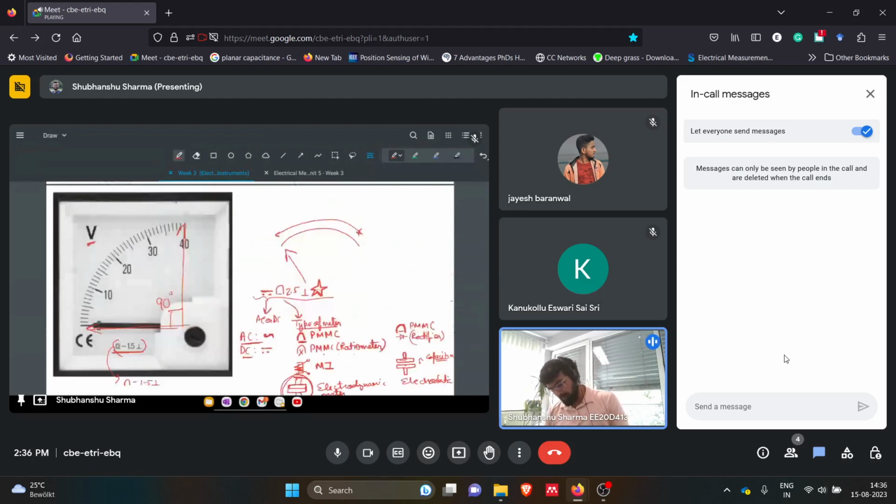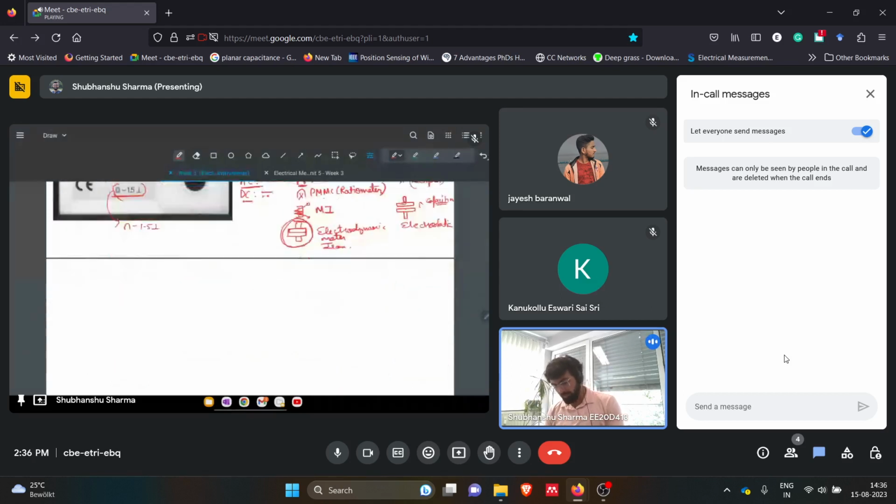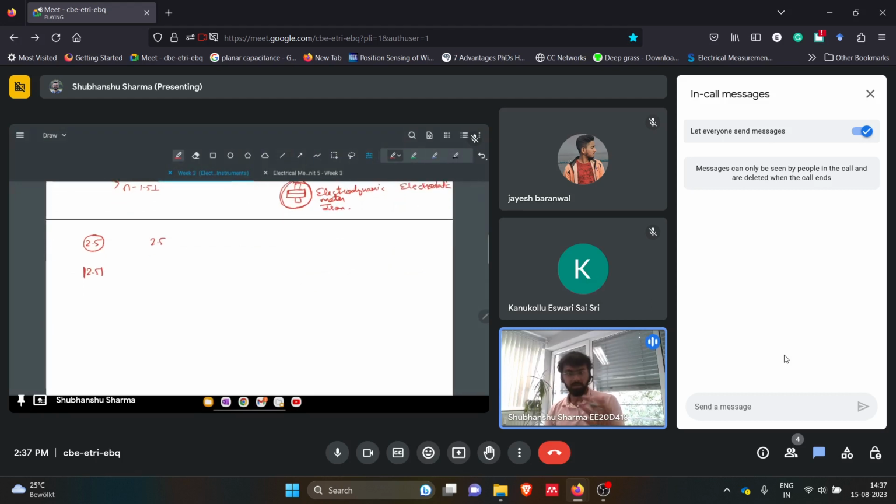And after this we have this number also. So what does this number say? This number can be represented in various methods. It can be like this, it can be like this, and it can be a simple number also. So basically, you have heard of accuracy also. In, I think, week 2, you have heard about accuracy.